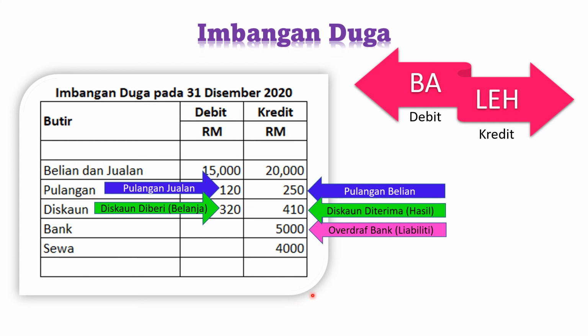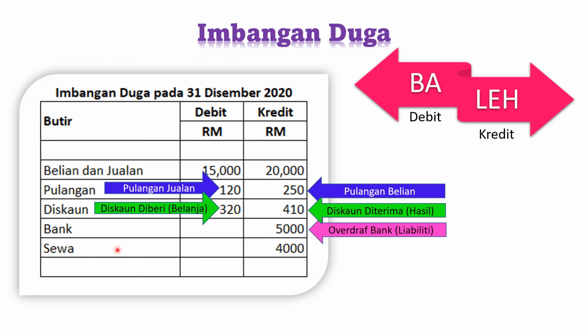Okay, let's go to the next one. The next one just says sewa. But it's on the credit side. Normally sewa is a belanja, right? Which you would see on the debit side. But for this question, they just say sewa, but they put the amount on the credit side. So what does this actually mean? If you see this on the credit side, it means dia adalah sejenis hasil.